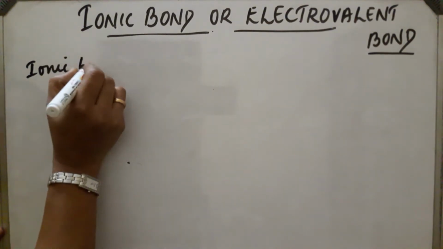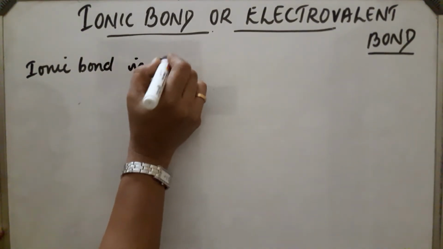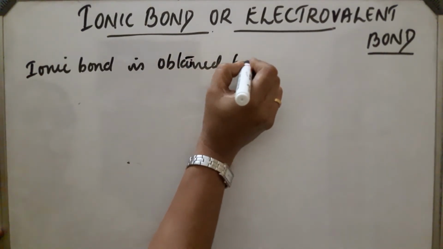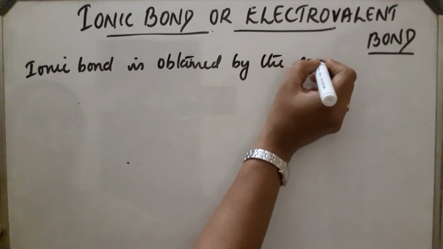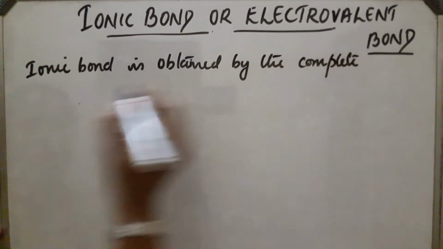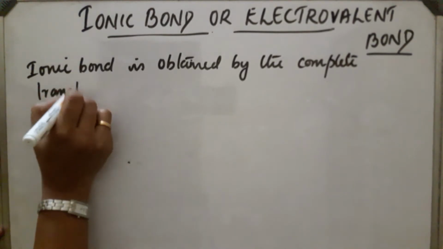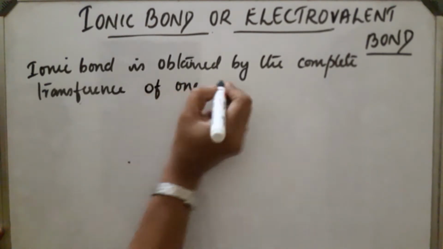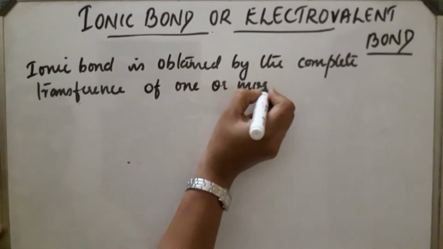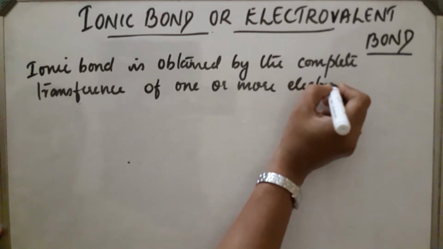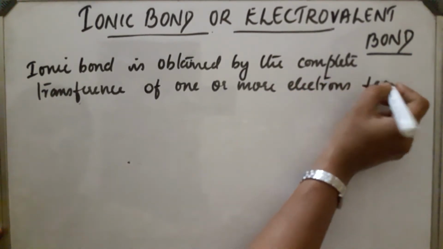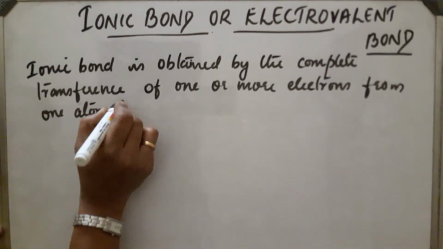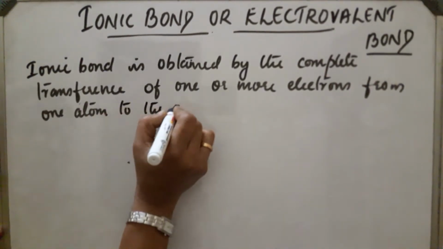Ionic bond is obtained by the complete transference of one or more electrons from one atom to the other.